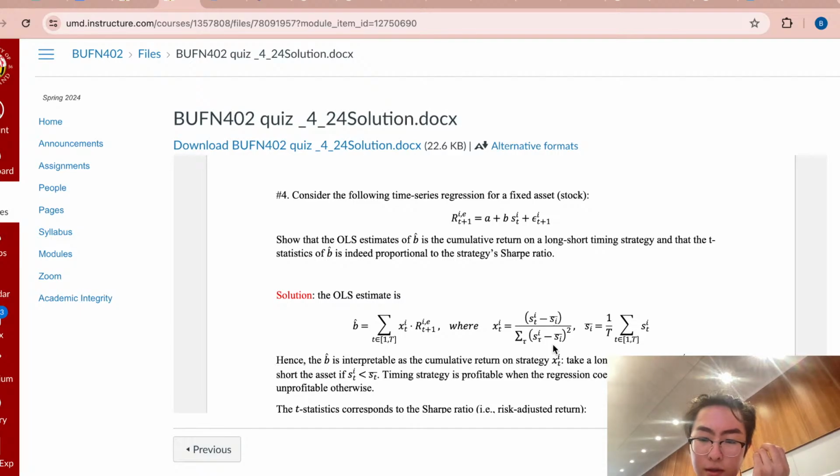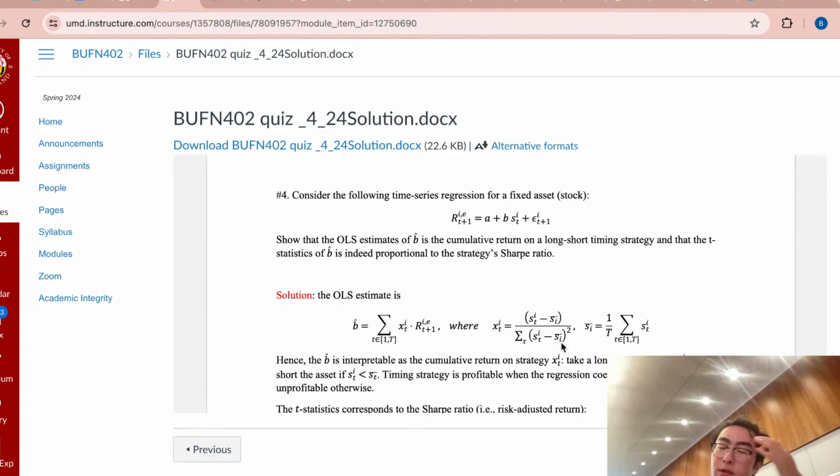So S_i is equal to, right? So this is a sample average signal return. We iterate through all of the signal returns themselves. I feel like this has to go. This is related to the idea of the beta from our exam.